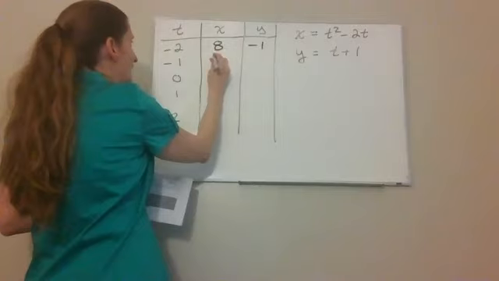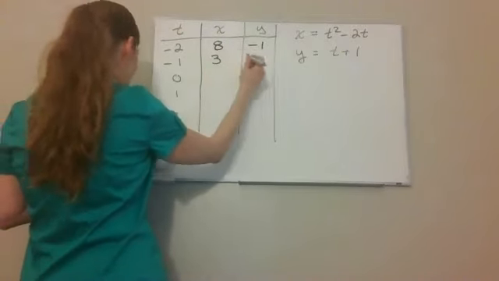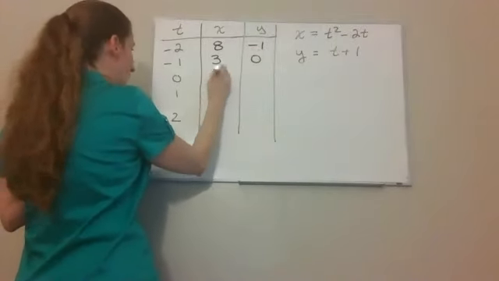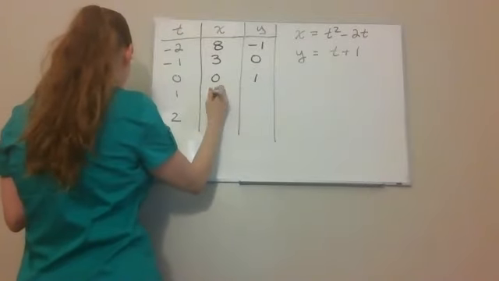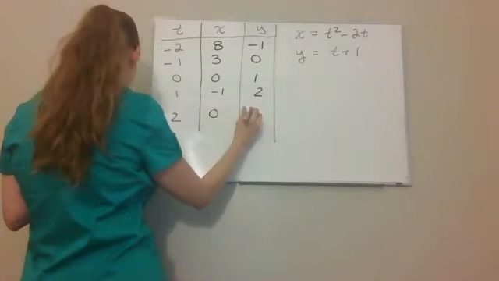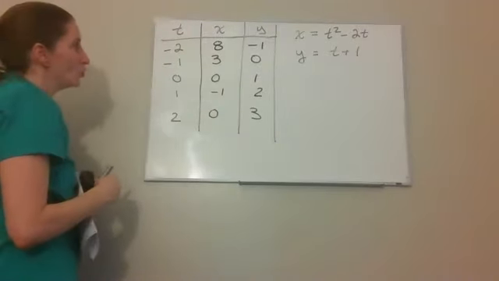If I plug in -1 into the x equation, I get 3. If I plug it into the y equation, I get 0. And so on. So I plug in 0, plug in 1, plug in 2, and then we can see what this curve looks like.